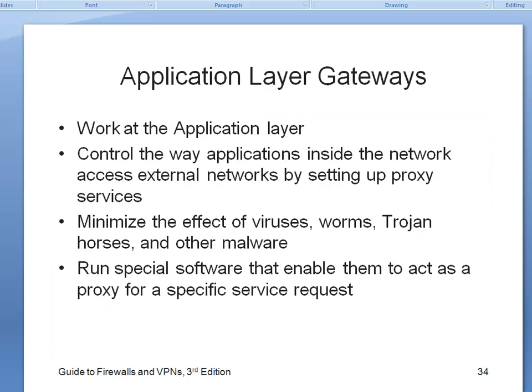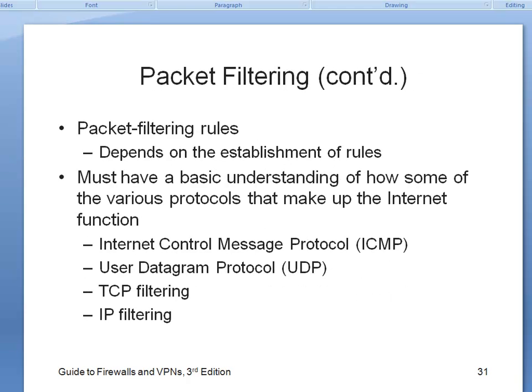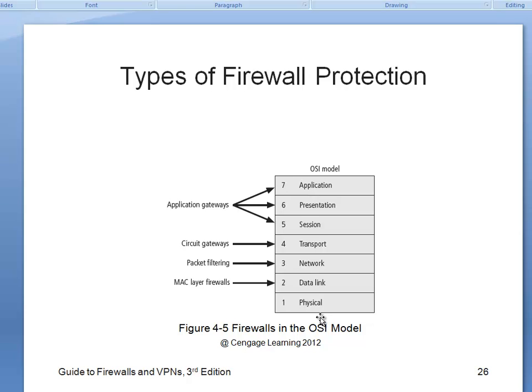You can extend the basic packet filtering firewall to something called an application layer gateway, and this works at the application layer. If we jump back up here, and this should all be review, we know that in the OSI model the physical layer is at the bottom and the application layer is at the top.